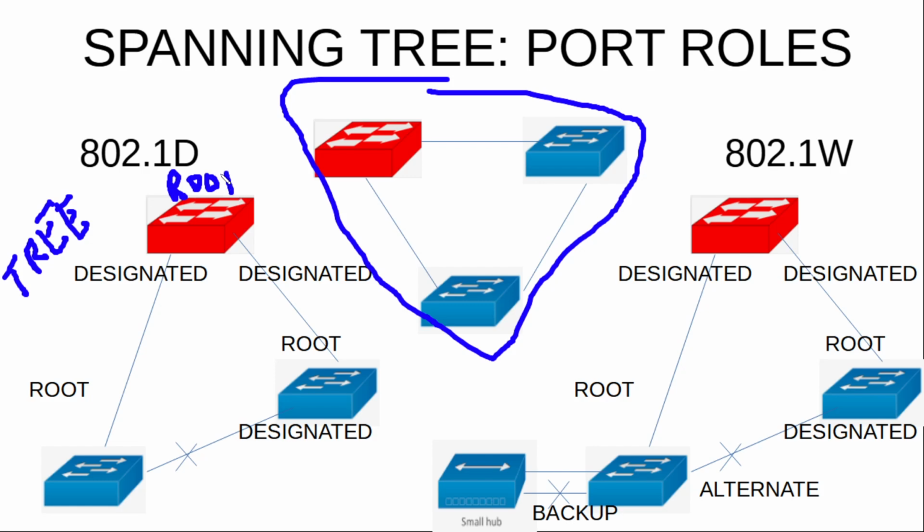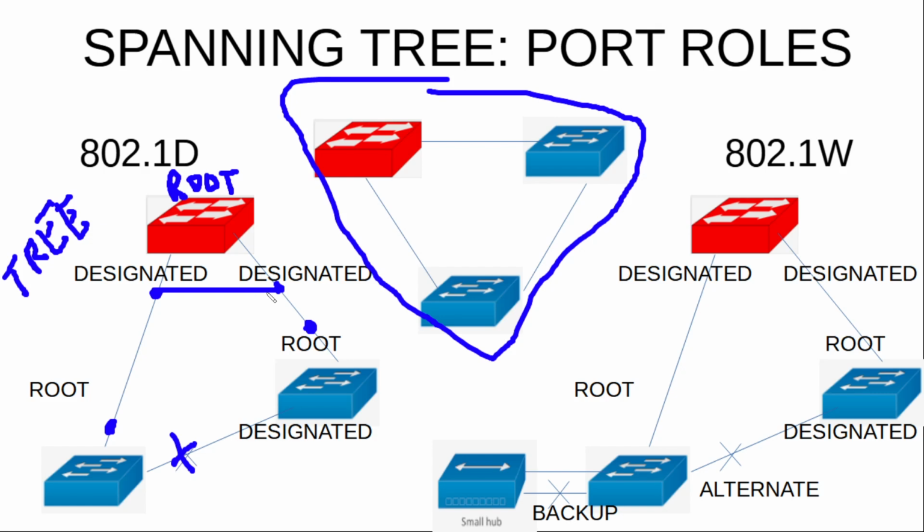We are going to be able to configure several parameters like bridge priority, port priority, and port cost, in order to do this selection of the root bridge and port roles. Some ports will be kept in forwarding mode, and other ports will be placed into blocking mode.